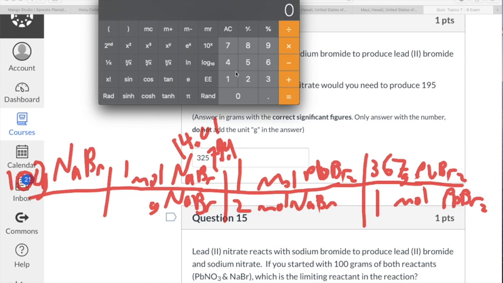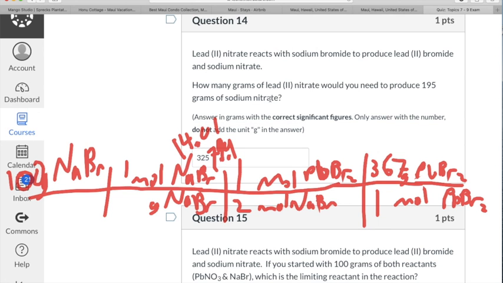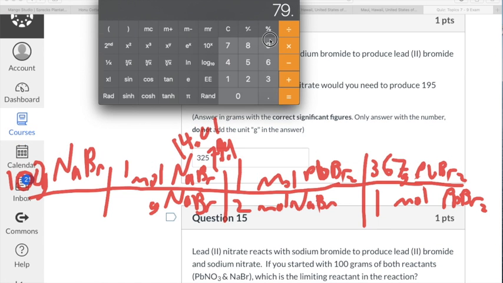That's pretty easy. So 22.99 plus 79.9 equals 93.91 grams per mole. I'm going to write that down too. Hey, look at that. I have all of my grams per mole for all of these now. And I'll write that in right here.